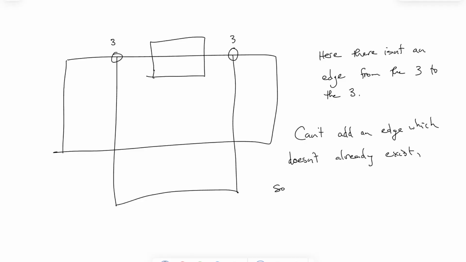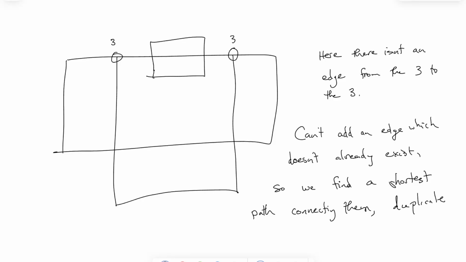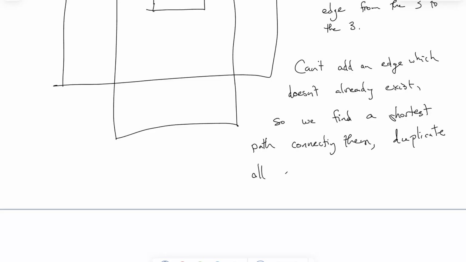So the strategy, what you do in this situation is you find a path connecting them and you duplicate every edge along that path. So we find a shortest path possible, a shortest path connecting them, and then duplicate all the edges along that path.